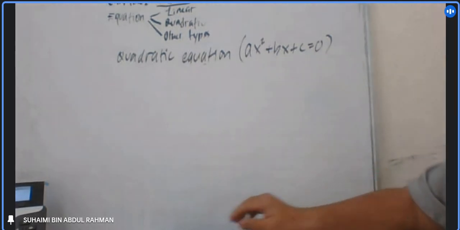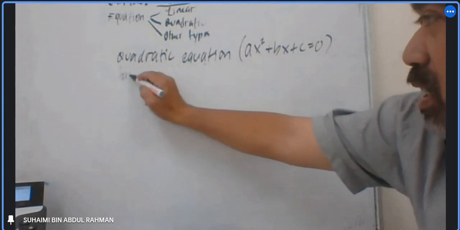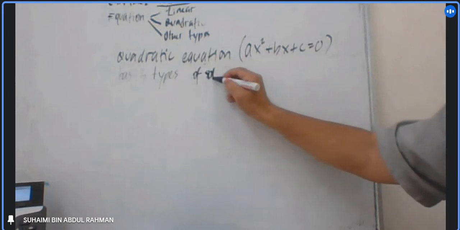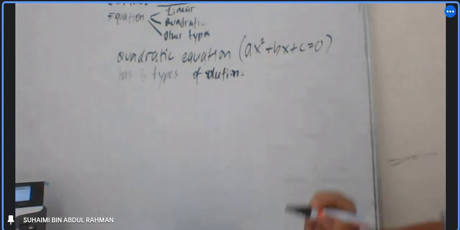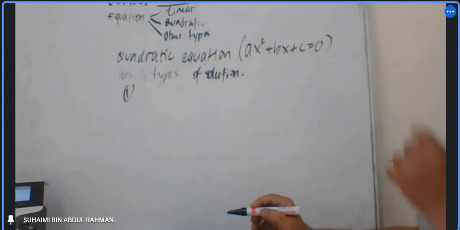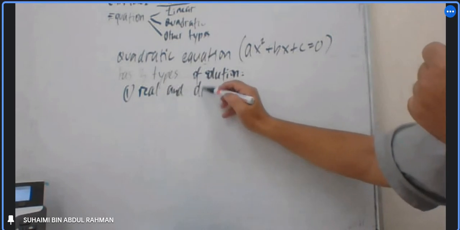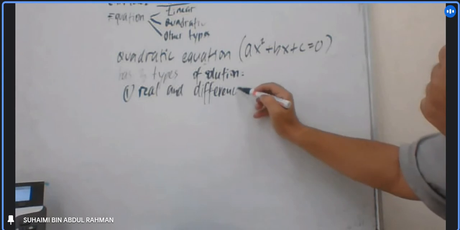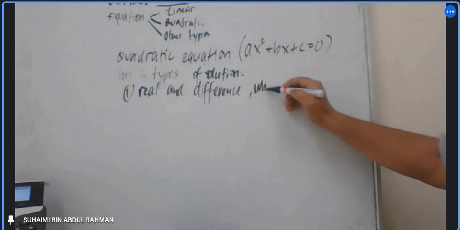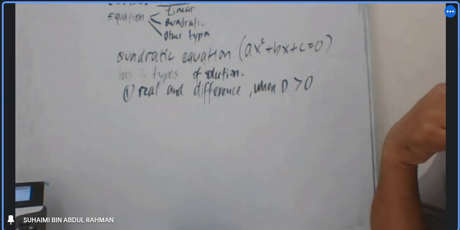Number one, real and different, which happens when the discriminant is greater than 0.